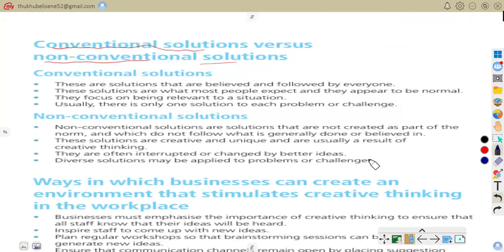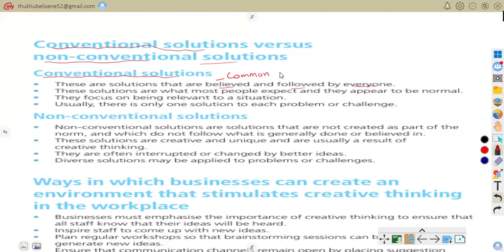Now we move on to conventional solutions versus non-conventional solutions. As it says, we're going to first start with conventional solutions. These are solutions that are believed and followed by everyone. These are common solutions that most people agree on.